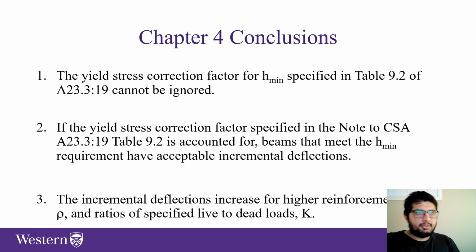So in conclusion, the yield stress correction factor for h sub min specified in table 9.2 can't be ignored. And when the yield stress correction factor is accounted for, then the beams that meet the h sub min requirement have acceptable incremental deflections, and the incremental deflections increase for higher reinforcement ratios and specified live to dead loads.